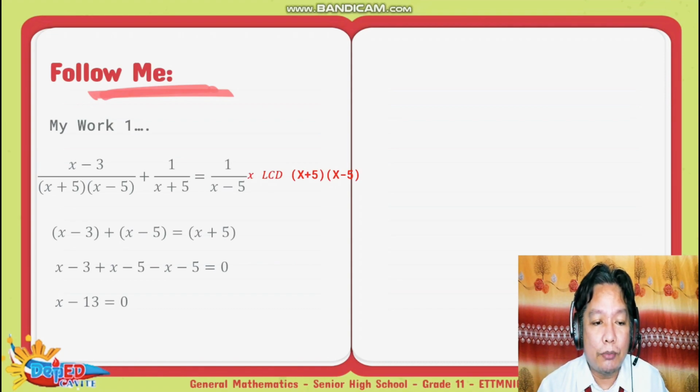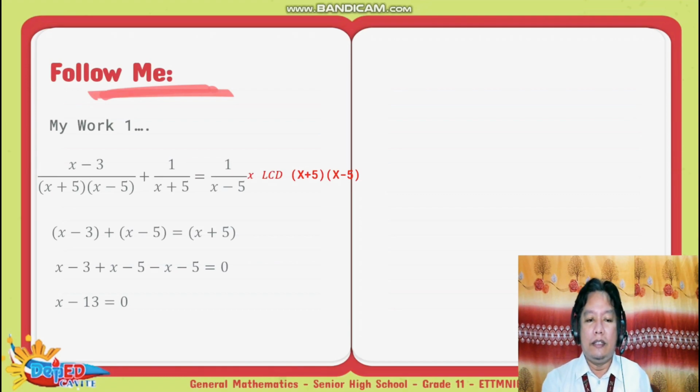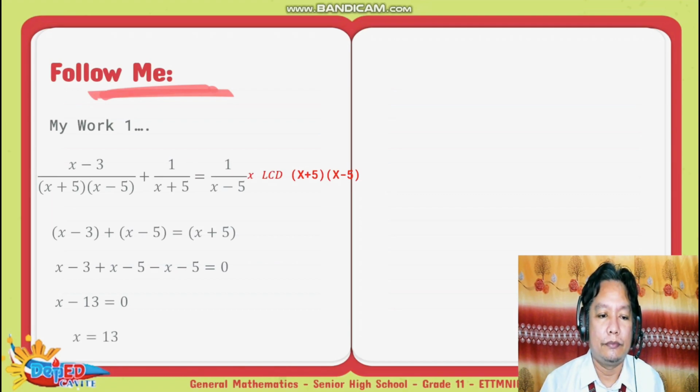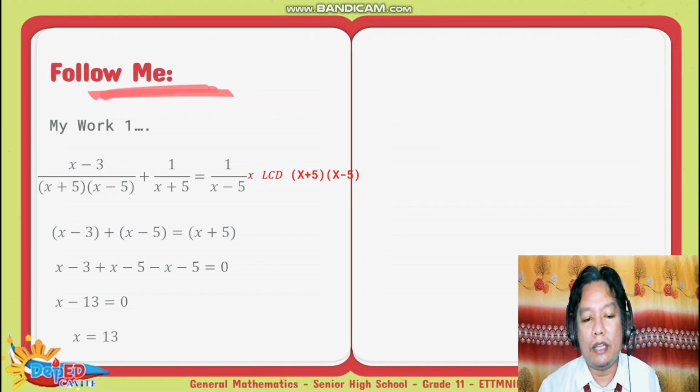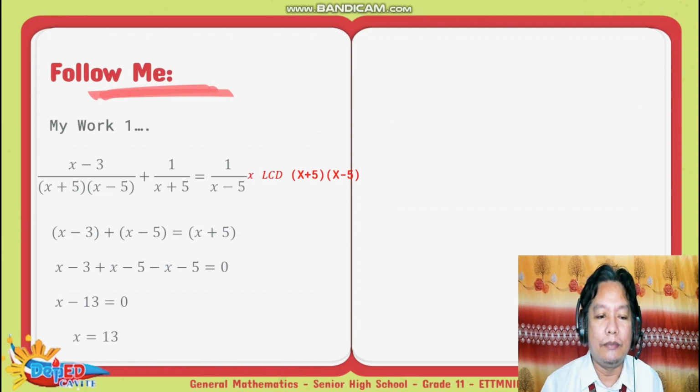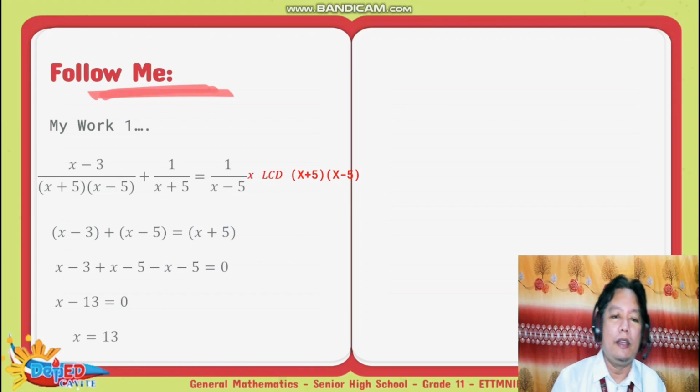Again, x minus 3 plus x minus 5 minus x minus 5 is equal to 0. x minus 13 is equal to 0. So our x is equal to positive 13, because negative 13 transferred to the other side will become positive. So our x is positive 13.